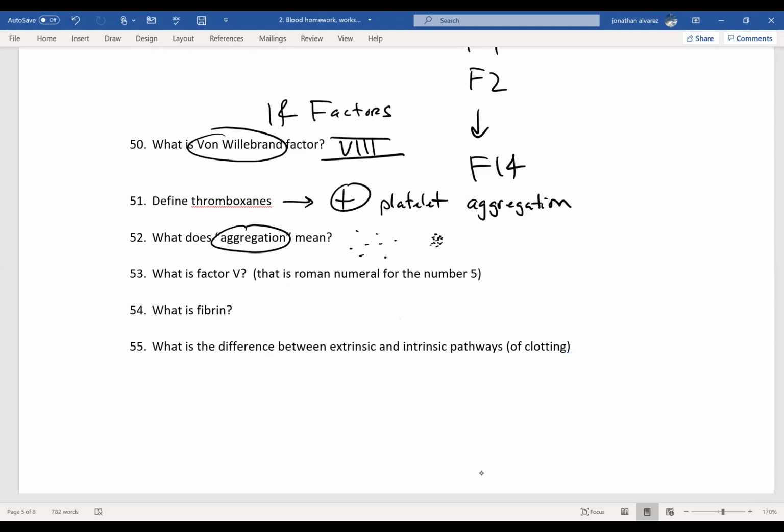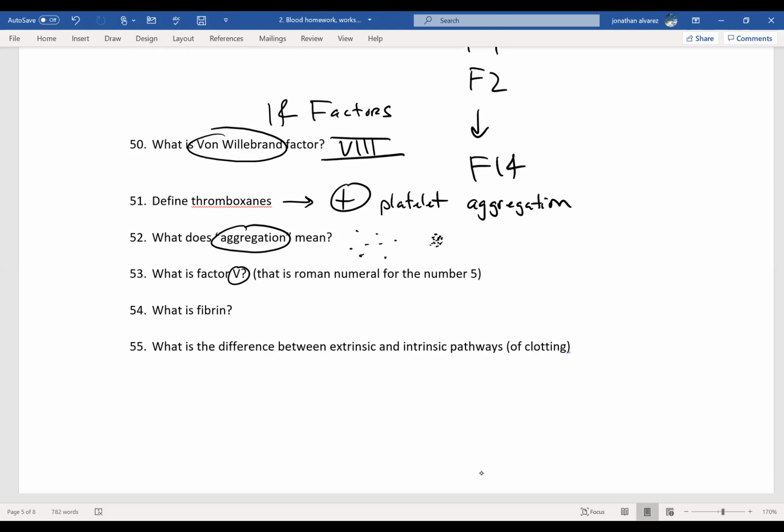Okay, so you have that V, which is technically the Roman numeral for factor 5. Factor 5 problems will lead to blood clotting issues.